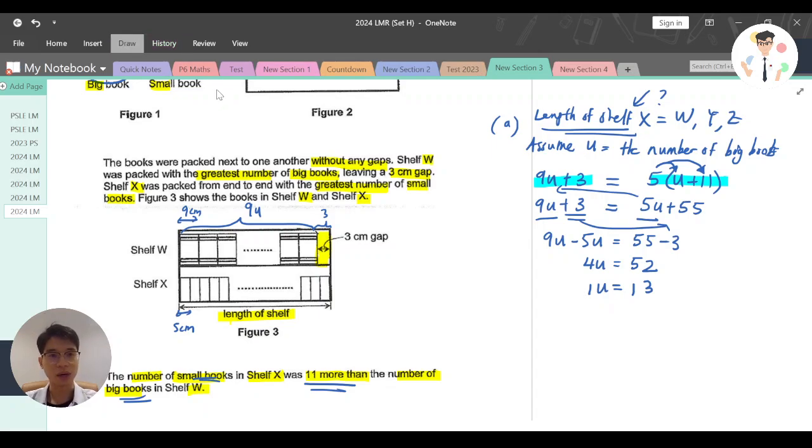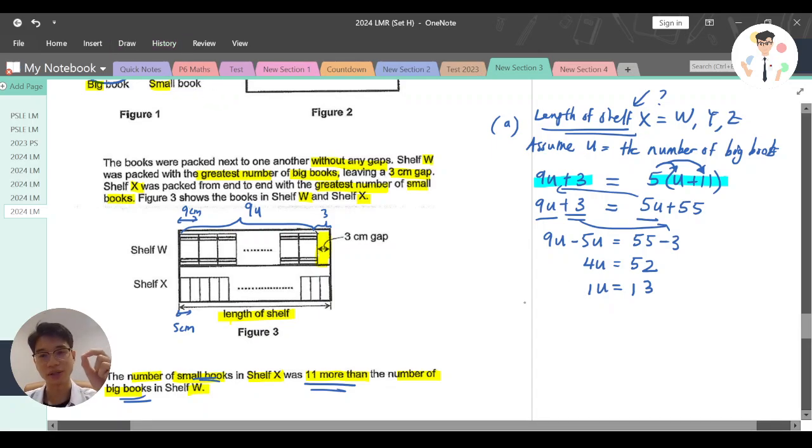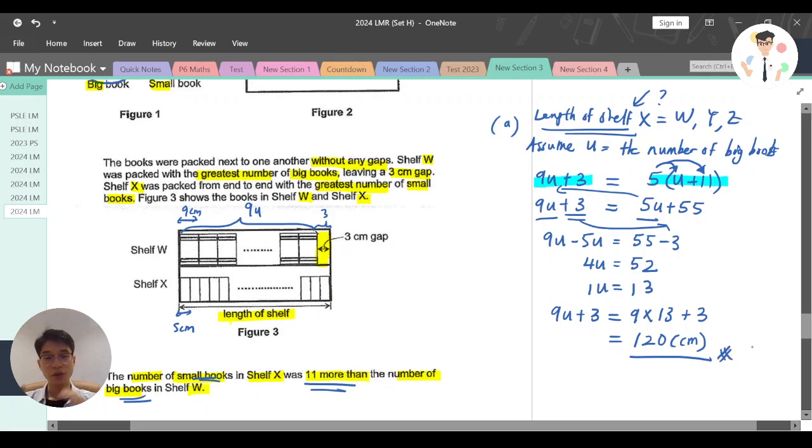So you can choose either one, then you just put the U inside. So in this case, I can put 9U plus 3 is equal to what? 9 times 13 plus 3. And that will be equal to 120 cm. And we are done for question number 8.